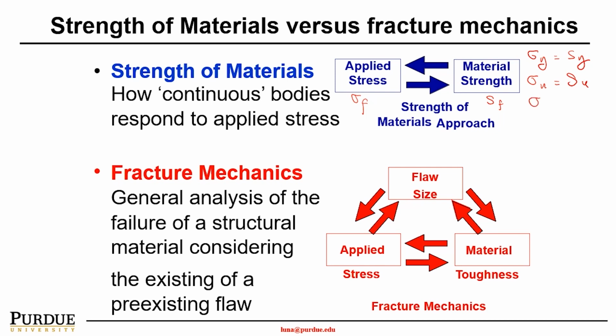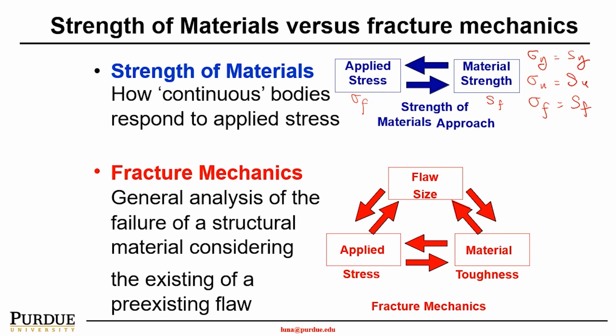And sigma F equal to SF. The stress at failure is equal to the strength of the material at the failure point. So that's the strength of the material. We're looking at it as long as the applied load is smaller than the intrinsic material's strength, we're safe.